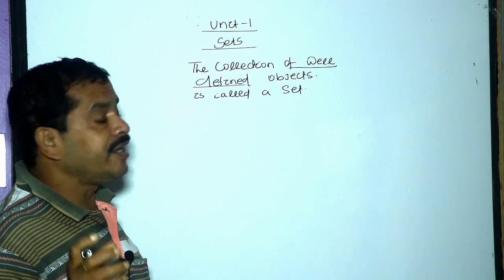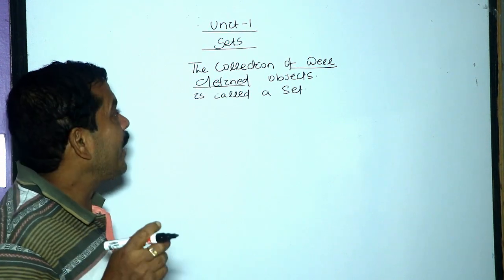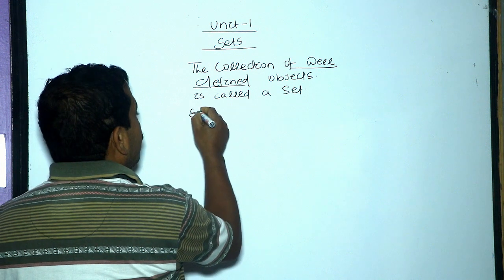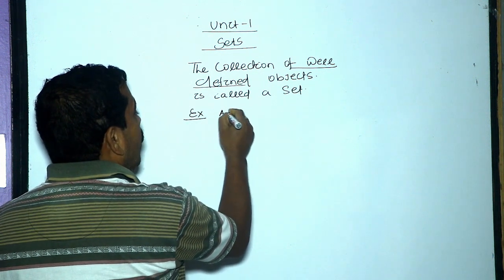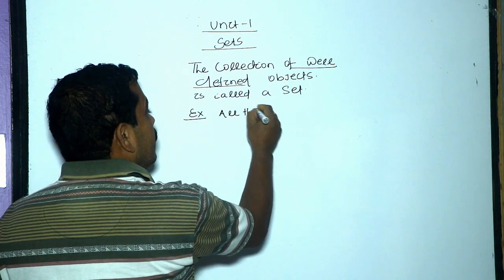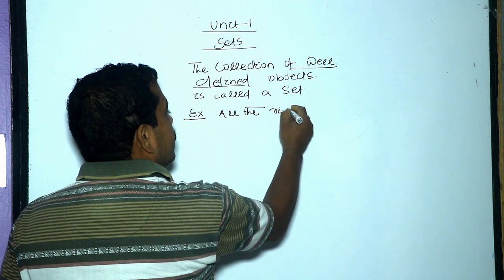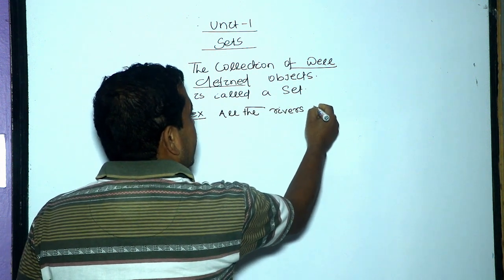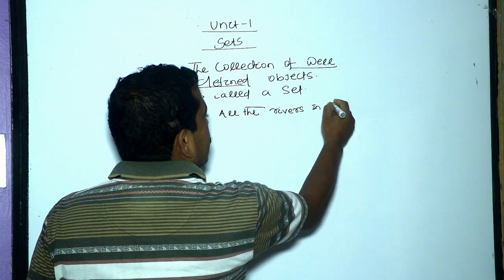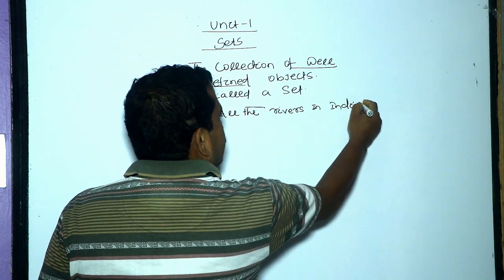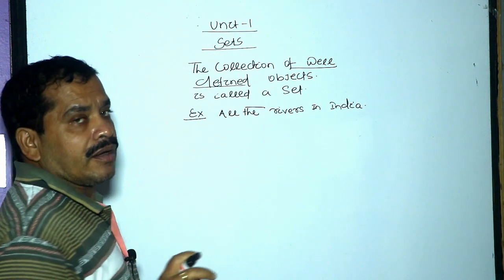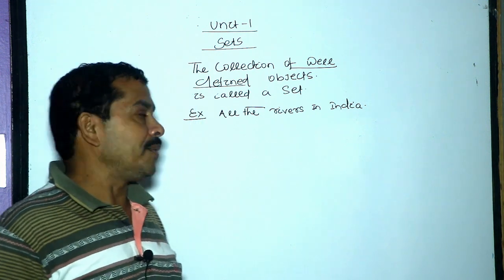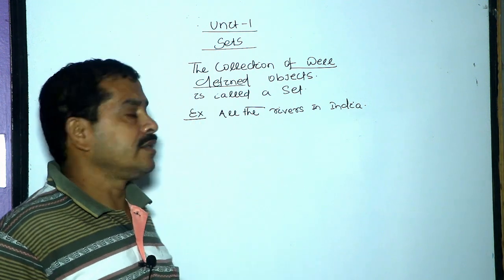What do you mean by well-defined? Well-defined means, for example, all the rivers in India. Collection of all rivers in India is a set.